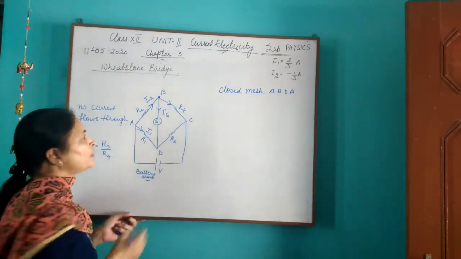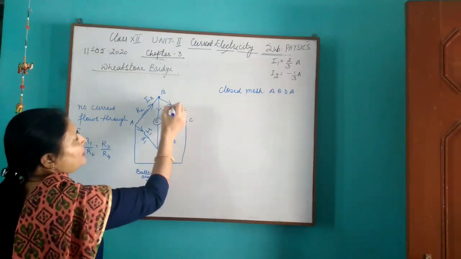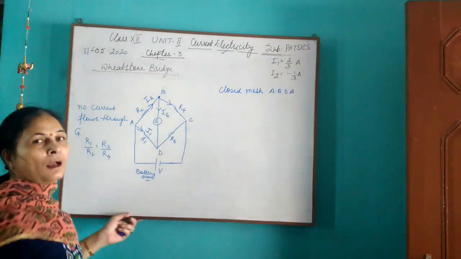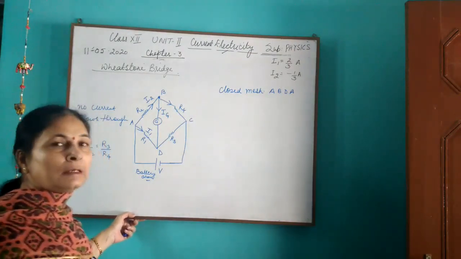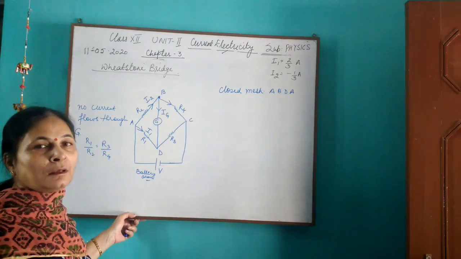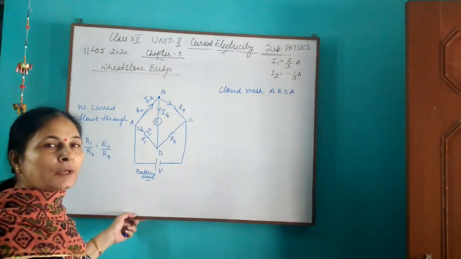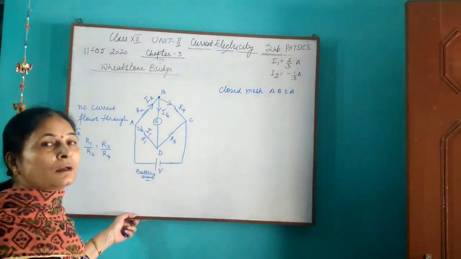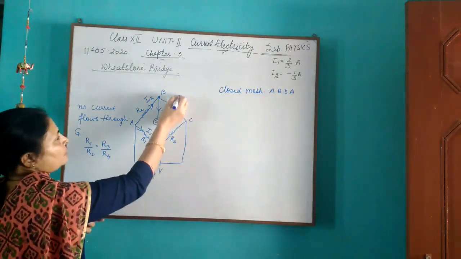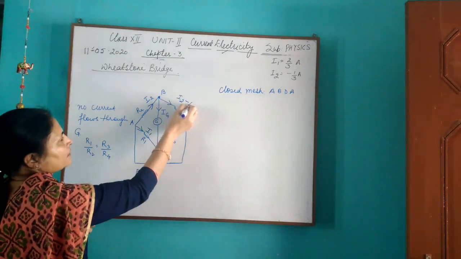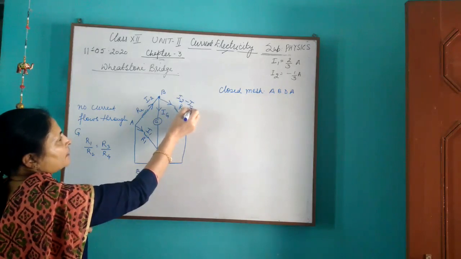How much will this current be? I can take I4 also, but as I have told you, put the least unknowns in the equation. So we will try to write it in the least unknown terms. This can be written as I2 minus IG.